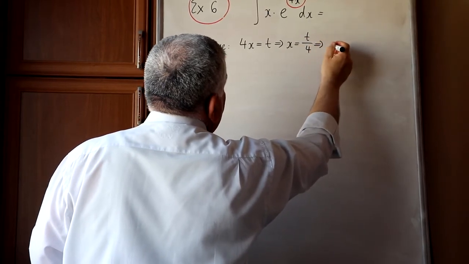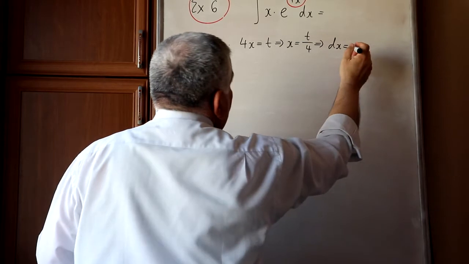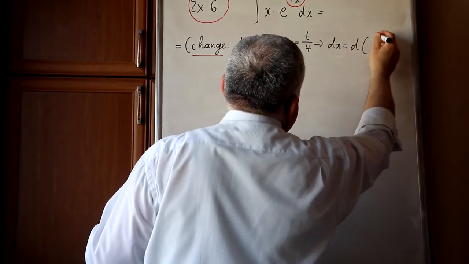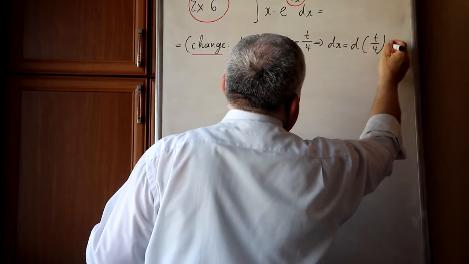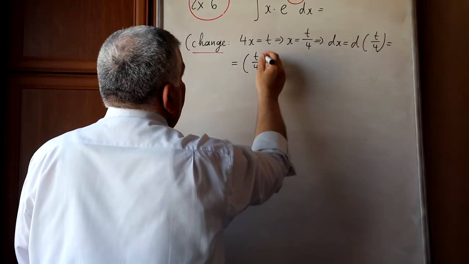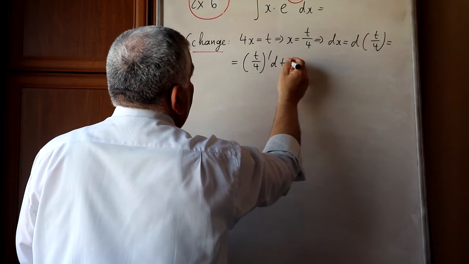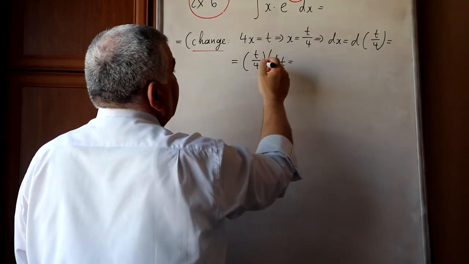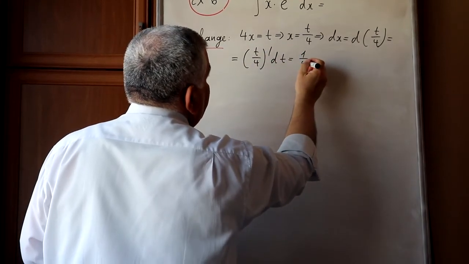Then find dx. dx is d of t over 4. It is equal to (t over 4) prime multiplied by dt, and the derivative of this expression is 1/4 dt.